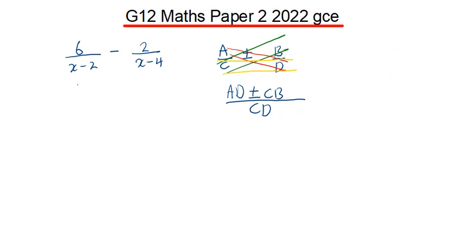So we're going to multiply the 6 by the x minus 4, which is this one there. Then multiply these two as well, but again maintain the sign. So we're going to put 2 here, open bracket, that will be x minus 2. One of the mistakes that you can make is by saying minus 2x minus 2, like that. Don't make such a mistake.